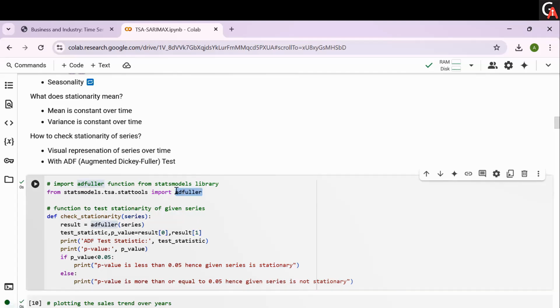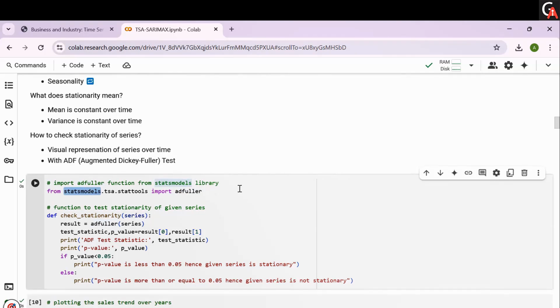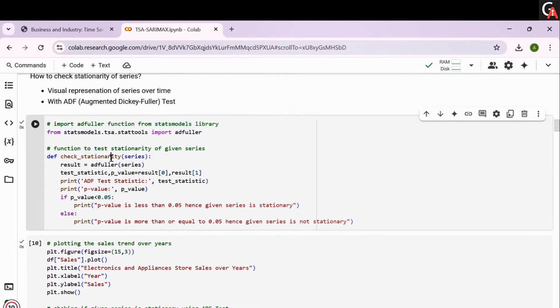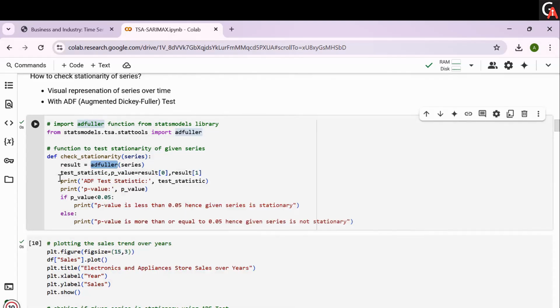For that, I have imported the adfuller function from the statsmodels library. After that, I have defined a custom function which will take a series as input. It will pass that series to the adfuller function. This adfuller function will return the test statistic and p-value, and that p-value will be of our use.